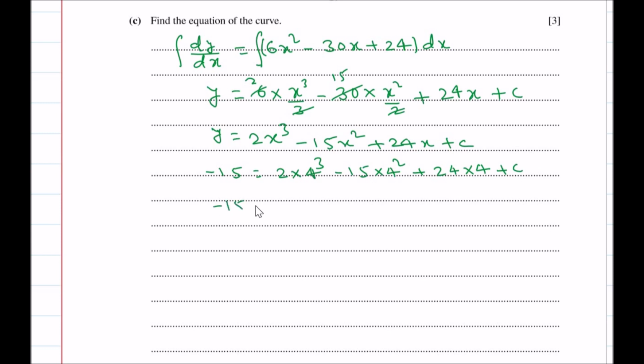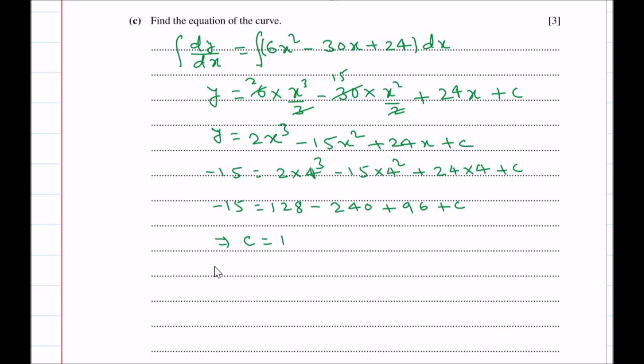So we have minus 15, and if you simplify this, 4 cube is 64, 64 times 2 is 128, minus 15 times 4 square, that is 16, equal to 240, plus 96 plus c. And if you simplify this, we get c equal to 1. Let us substitute that.